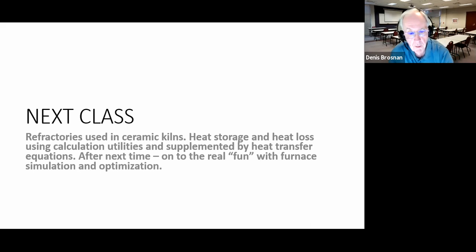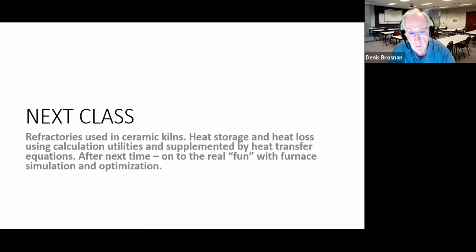We're going to talk about mechanisms of heat storage and heat transfer in these kiln walls, which makes us think about theoretical heat transfer equations. Don't get worried about it, because we're going to use some of the apps in the heat transfer calculations. So you will need to have e-solutions and the thermal conductivity calculator from Morgan if you can get that to work. Next time we'll talk about those.